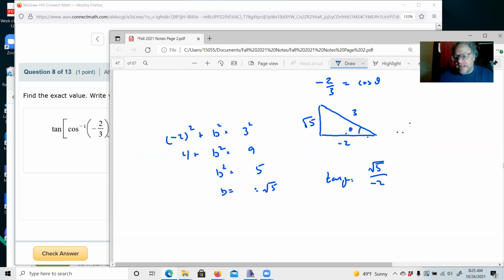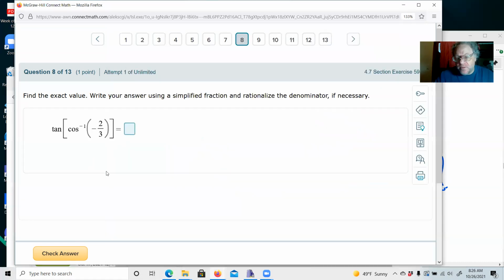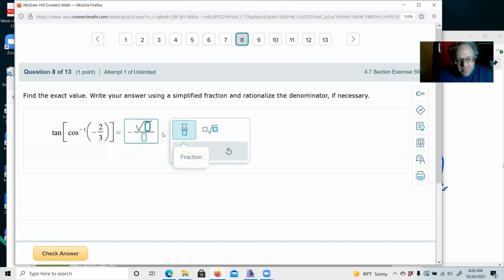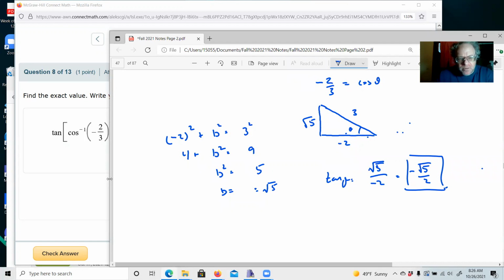So the tangent of an angle is root 5, opposite over adjacent. So it's negative root 5 over 2. And that's what I would like to see. We say this is negative square root of 5 over 2.